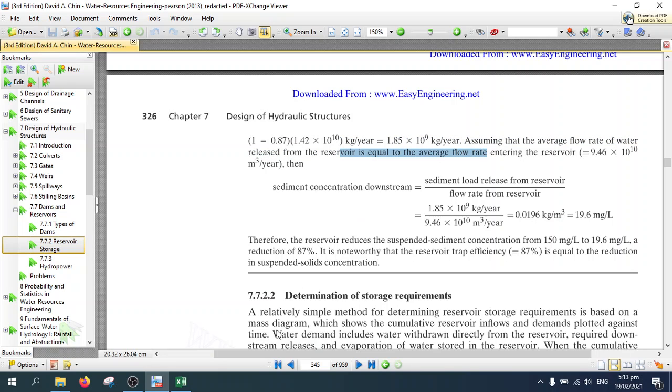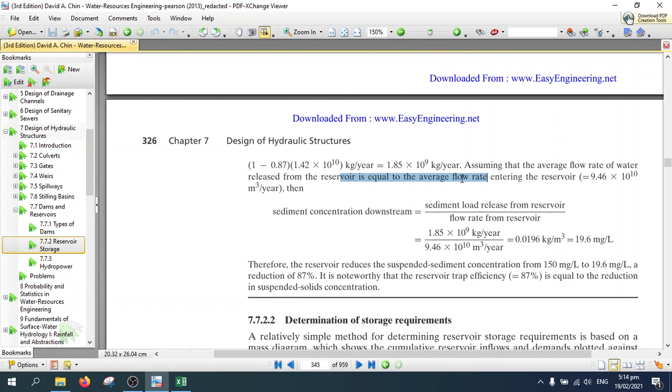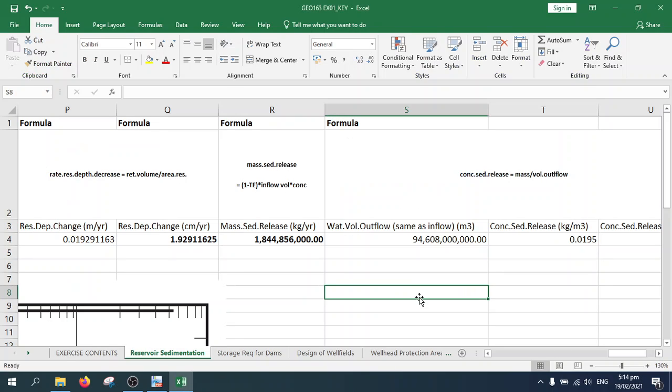So the example here is telling us to assume that the inflow rate or the water inflow volume is just equal to the water outflow volume. Right.